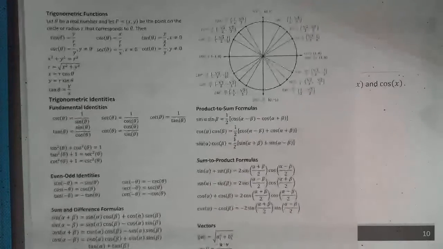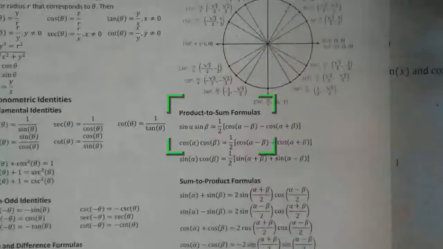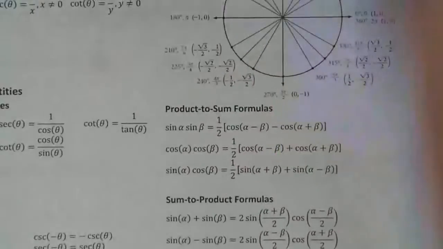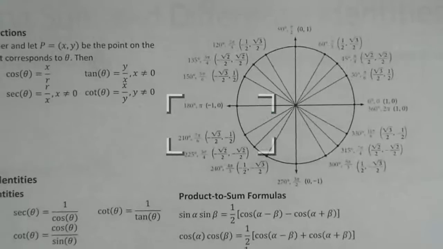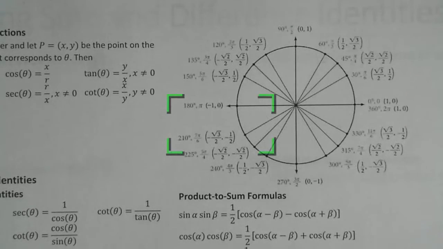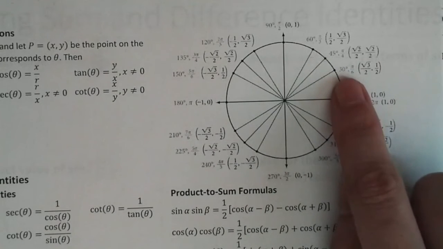So I need to see if I can find two angles, preferably on my unit circle, because I know the sine and cosine of all of those. If I can find two angles that add or subtract to give me 15 degrees, then I'll be set. Well, hey, 30 degrees and 45 degrees, those are 15 degrees apart. So I can write it as 45 degrees minus 30 degrees.